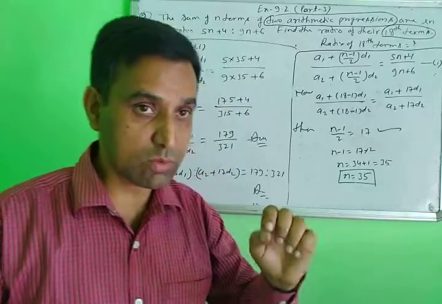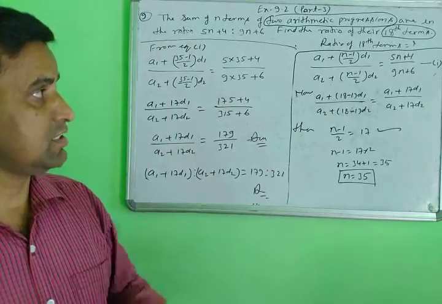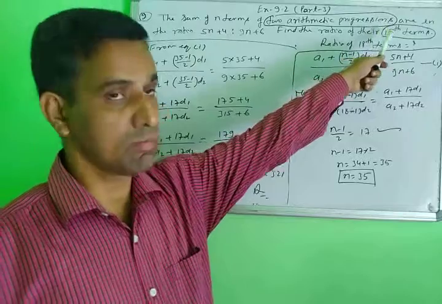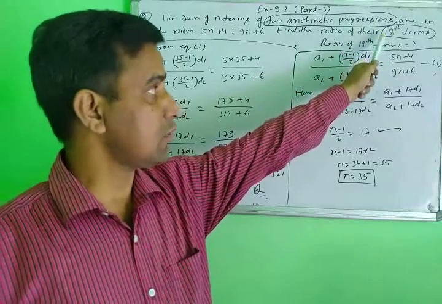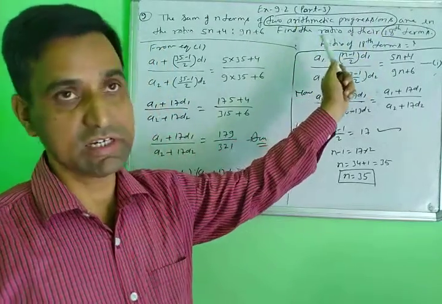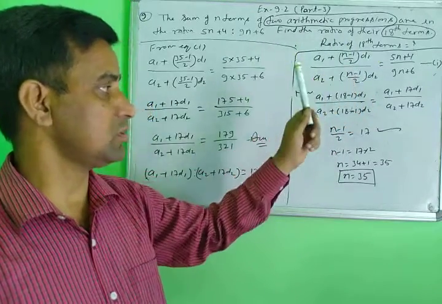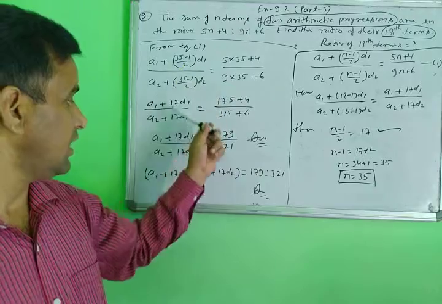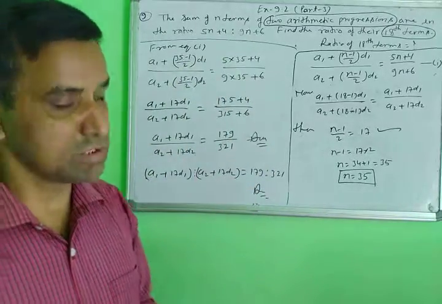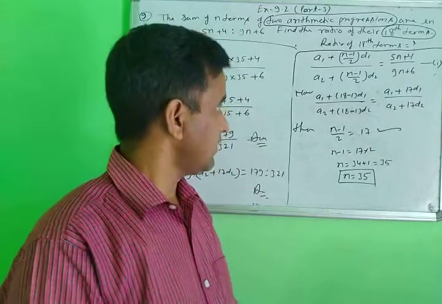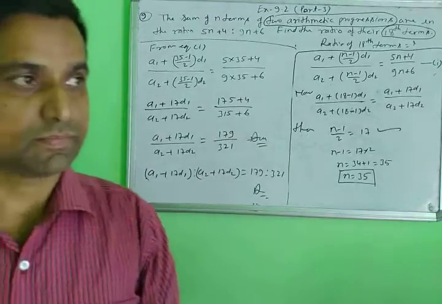This is a particular term: what is the 18th term of the first AP and what is the 18th term of the second AP. Then the ratio of these, not the sum ratio. This is only the ratio of the 18th terms. In this way you will solve every question. Yes, note it down. Then the next question.